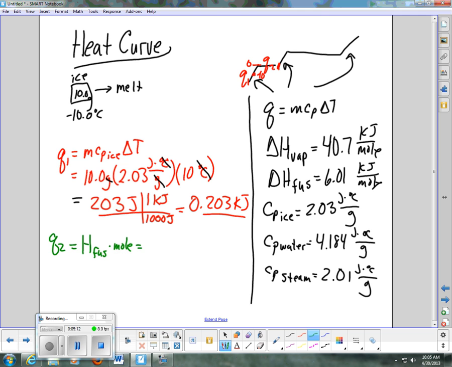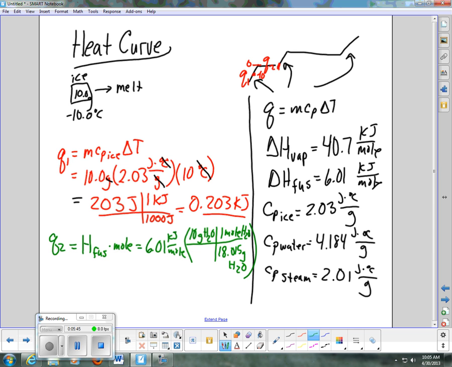So I'm going to take 6.01 kilojoules per mole, and times it by 10 grams of water, but I have to change that 10 grams of water into moles of water. If I add up 2 hydrogens and 1 oxygen from the periodic table, I get 18.015 grams of water is equal to 1 mole of water. Sorry, I'm squishing it in here trying to make it not go over.